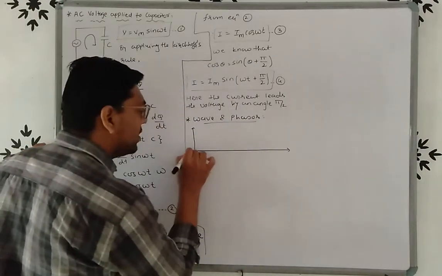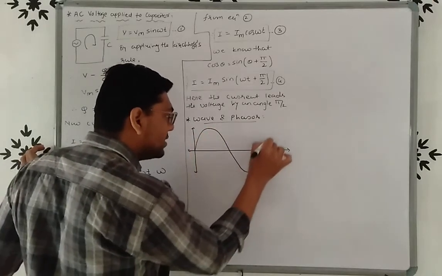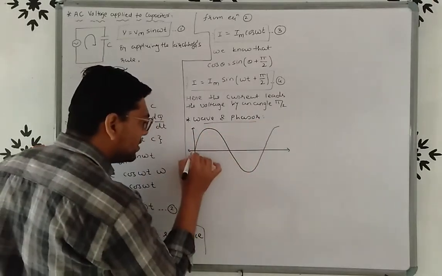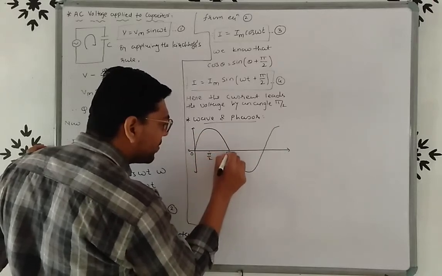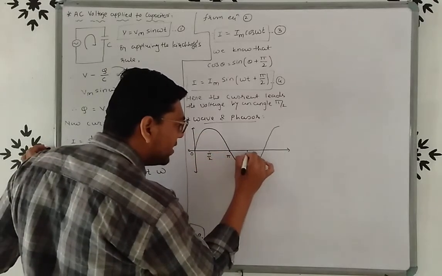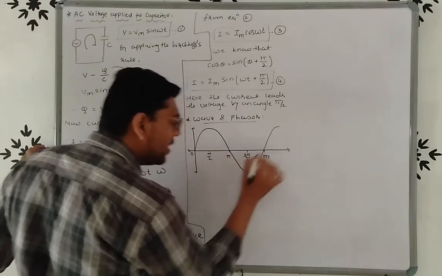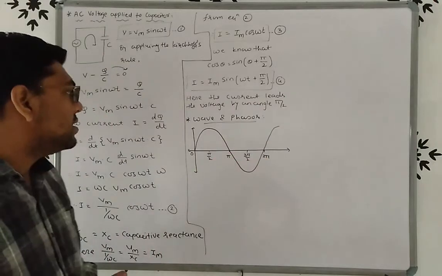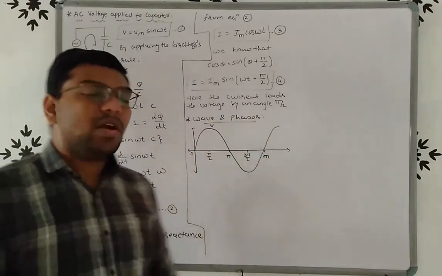Now see friends, this is the wave of voltage, like this, right? This is 0, this is angle pi by 2, pi, then 3 pi by 2 and 2 pi. This is the waveform of voltage.